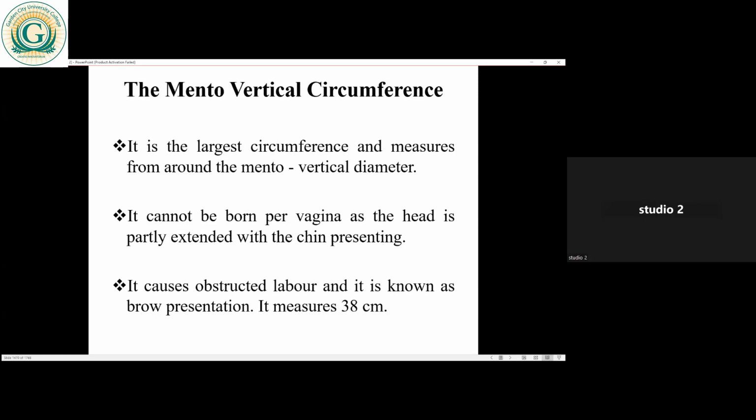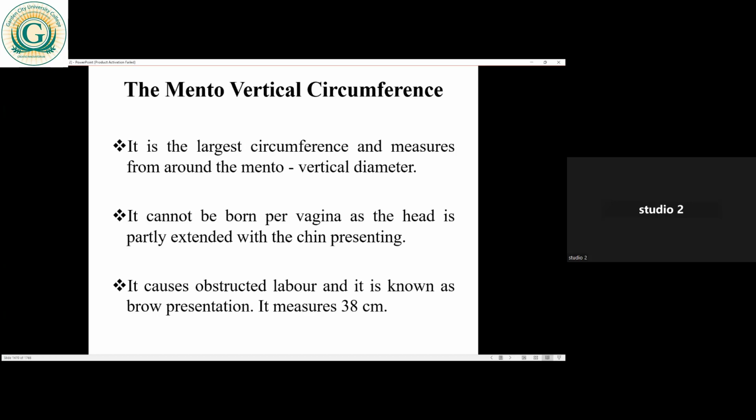It causes obstructed labor and is known as brow presentation, measured 38 centimeters. So a woman who has a baby coming with such a circumference needs an operation, as the baby cannot be born per vagina.